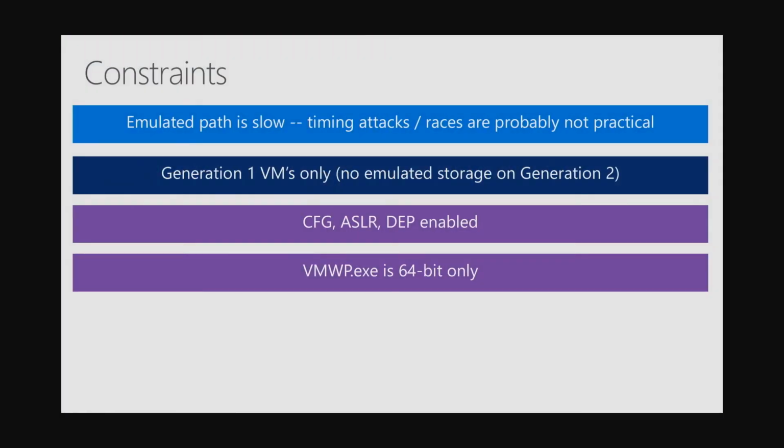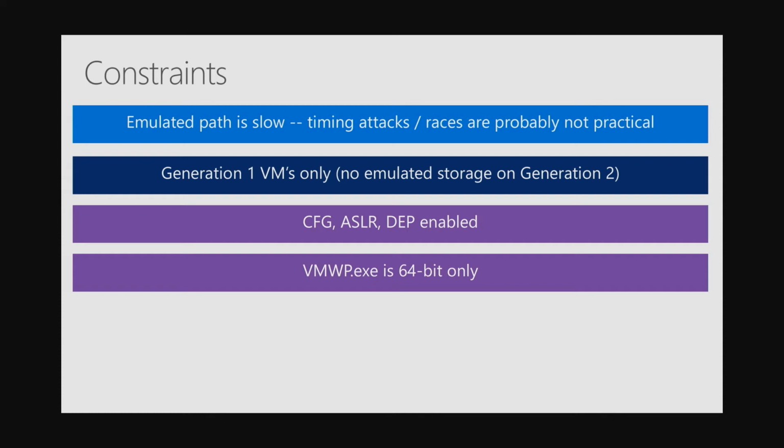I had a few constraints with writing this exploit. The first constraint is that the emulated storage path is slow, and the way that I had written my POC made it even slower than it needed to be. So I figured that if the way that I was going to exploit this bug required me winning some weird timing or race condition between threads, that's probably not going to be practical.